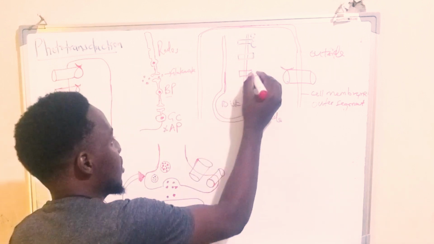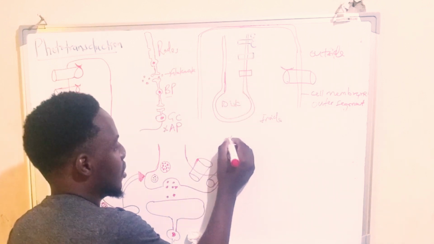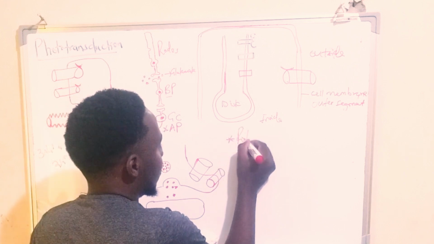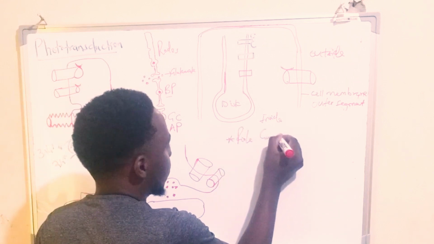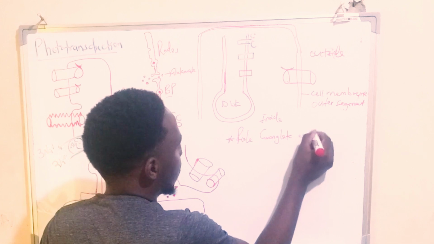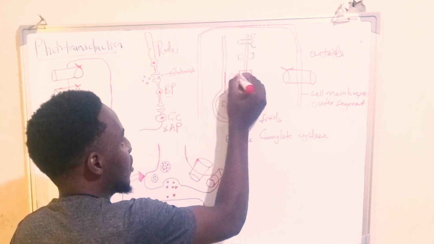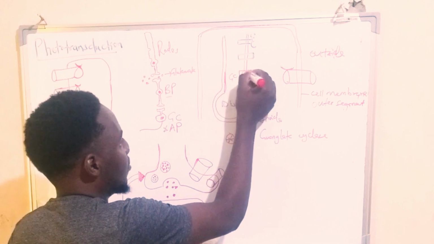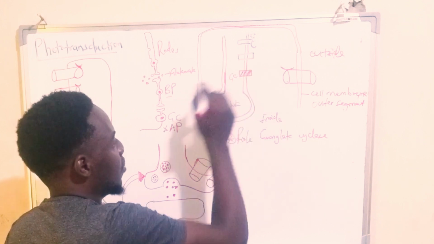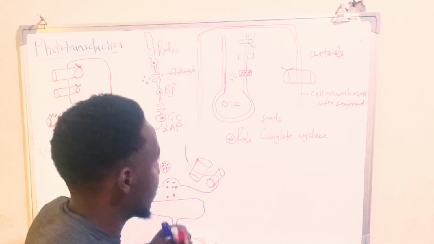Before we explain that, the first thing I'm going to talk about is the role of guanylate cyclase. Remember we have GC, guanylate cyclase, which is an enzyme bound in the membrane of the membranous discs.